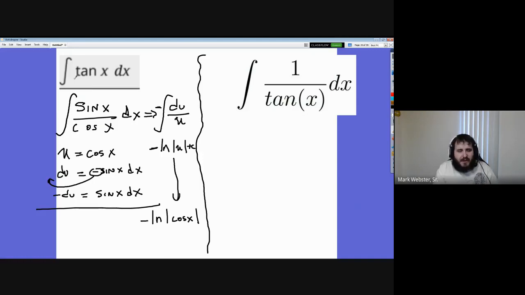And so I've taken the integral of tangent of x dx. I've rewritten it into something that I can actually take the integral of, and then I integrate it, and then I put the x term back in so that I can finish my problem.